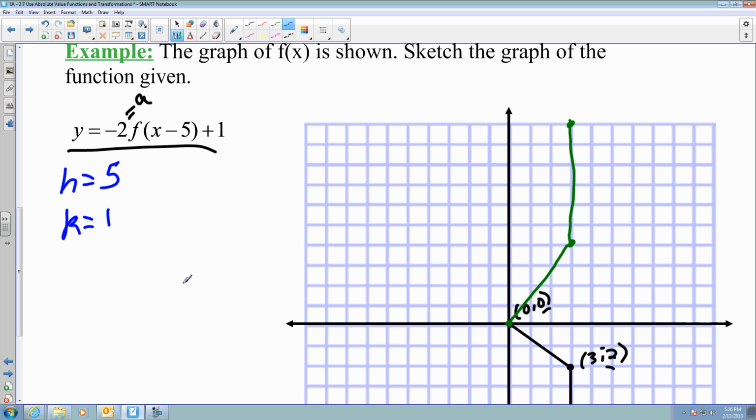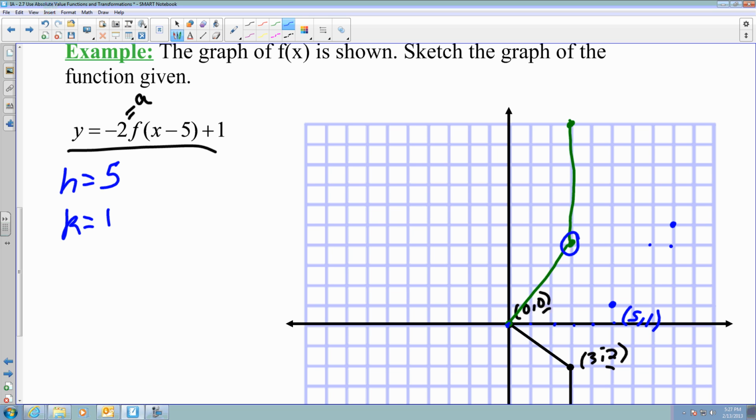Now I'm going to go to this one. I'm going to go 1, 2, 3, 4, 5, up 1. So that's my new value, which happens to be 5, comma 1. Now I'm going to go to this one here and move it 1, 2, 3, 4, 5, up 1.